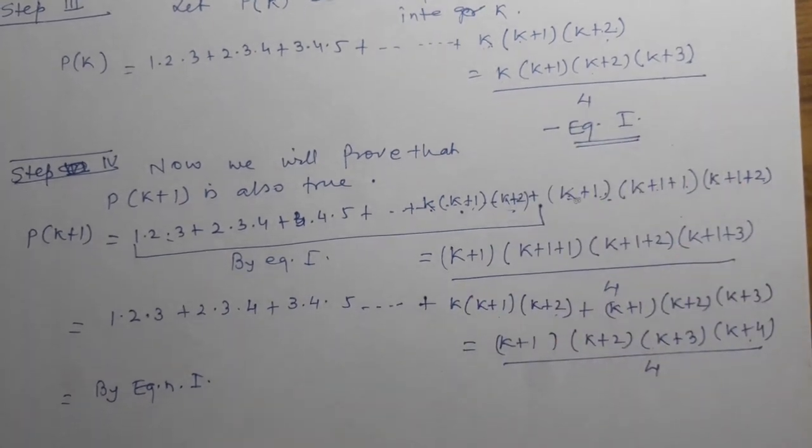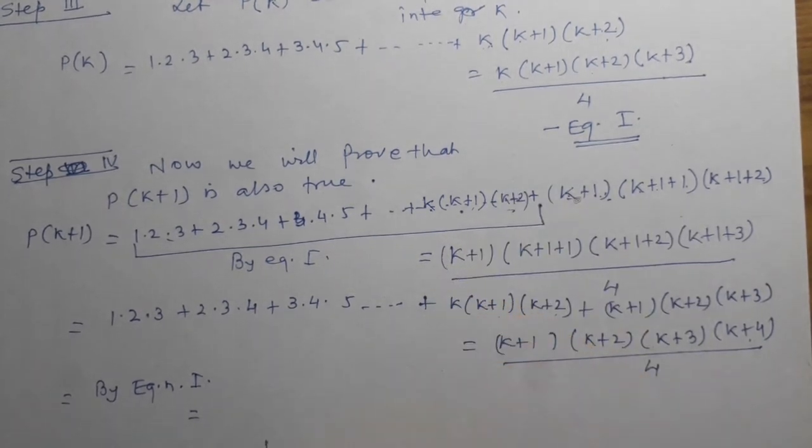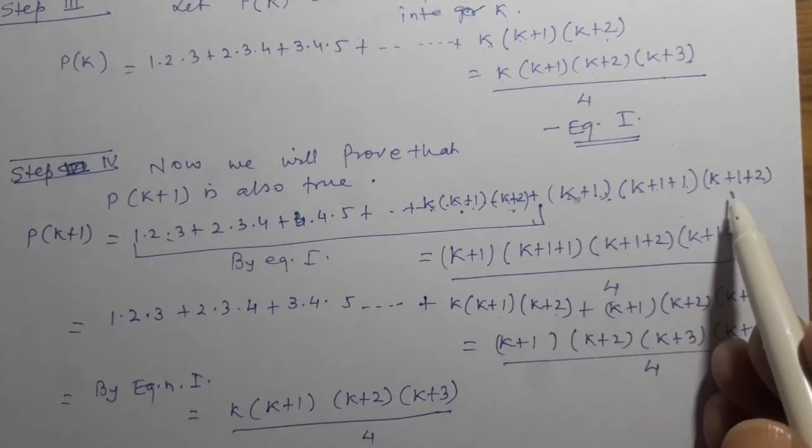So it will be k plus 1, k plus 2, k plus 3 by 4 up to here, and this will again repeat.